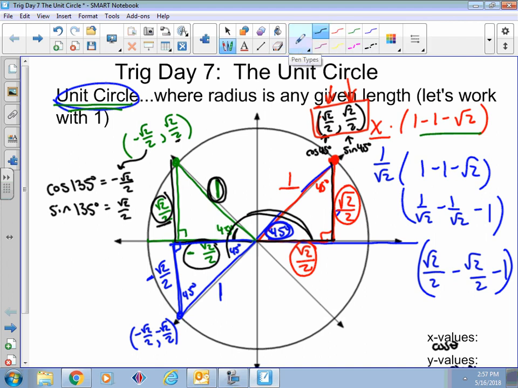If I ask you for the sine, cosine, or tangent of 180 plus that reference angle of 45 degrees, which is 225 degrees, cosine of 225 degrees, cosine adjacent over hypotenuse, that's just this x-coordinate. Sine of 225 degrees is just the y-coordinate, opposite over hypotenuse.